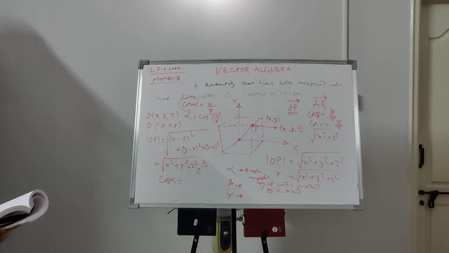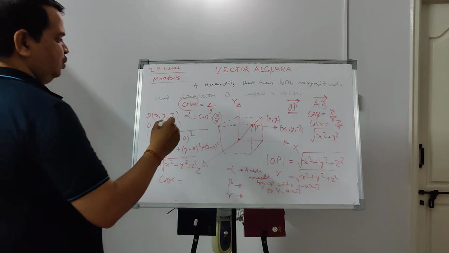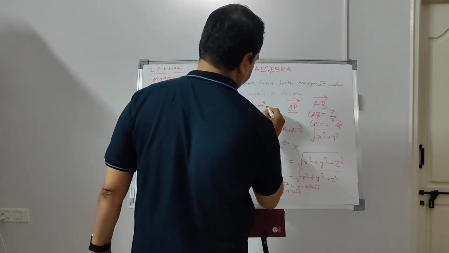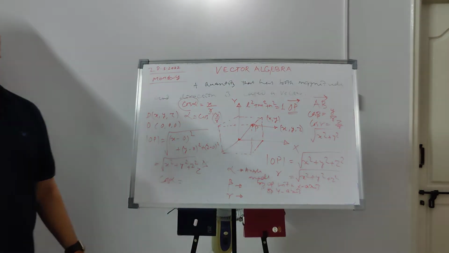One more important thing you should remember: the sum of squares of direction cosines is equal to 1. l square plus m square plus n square is equal to 1.